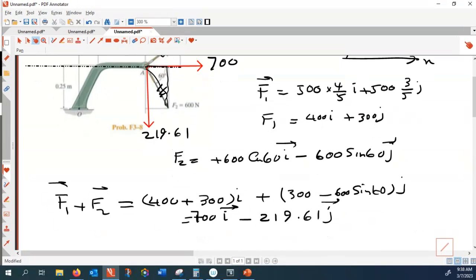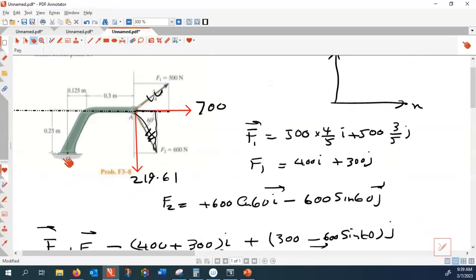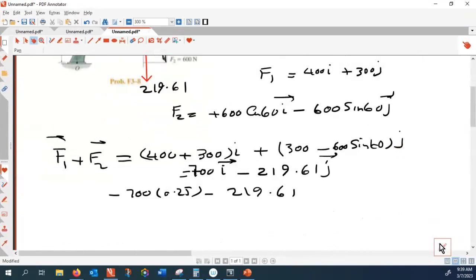So the i component makes a negative rotation, that is minus 700 times 0.25. And then the vertical one, does this make clockwise or counterclockwise rotation? Clockwise. Again, that is negative, right? Minus 219.61. And what is the shortest distance between that vector and the point of rotation? Is this plus that, 0.425. Yeah.